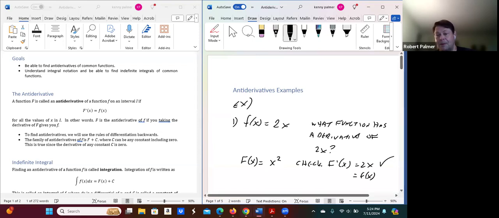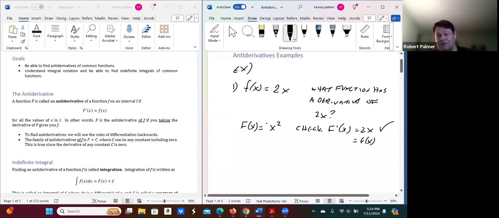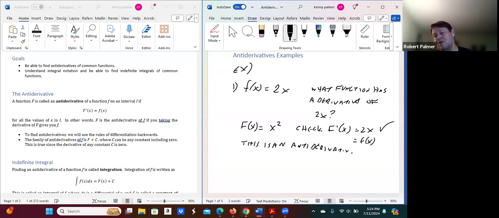But this isn't the only antiderivative. This is an antiderivative, but not the only one. I'll explain what I mean.